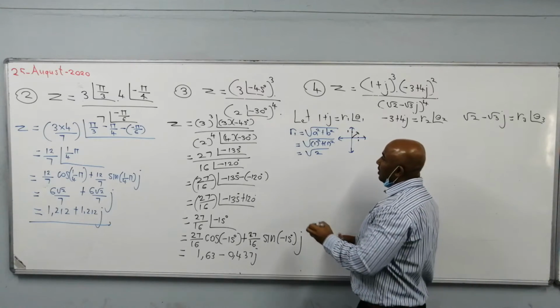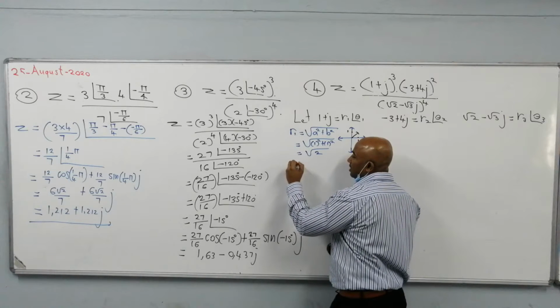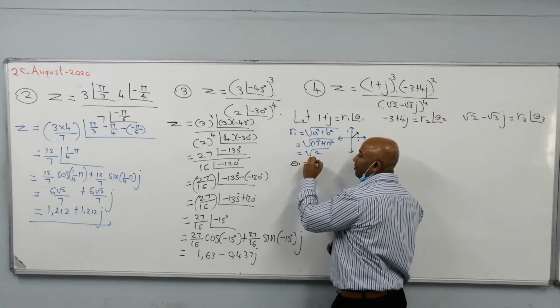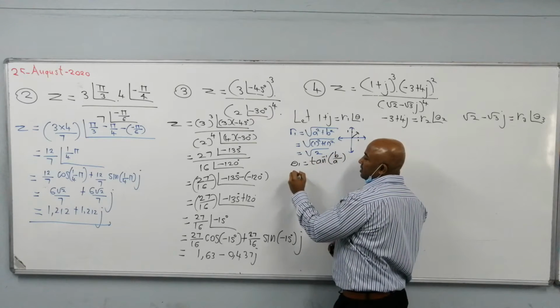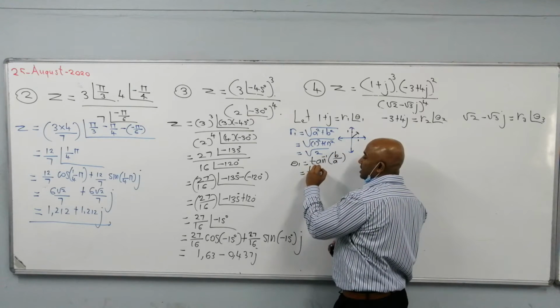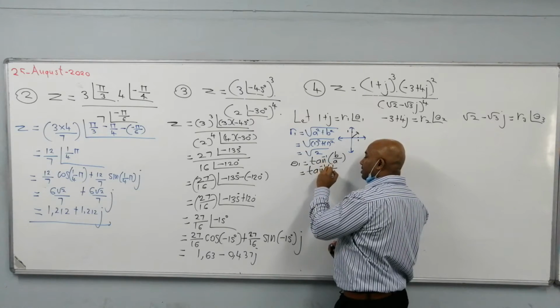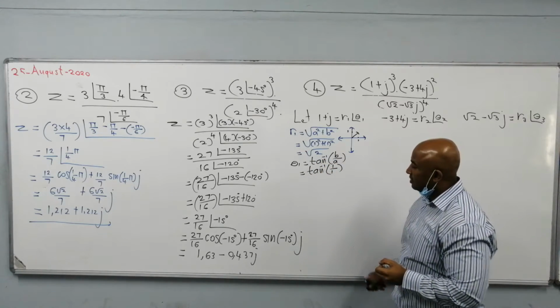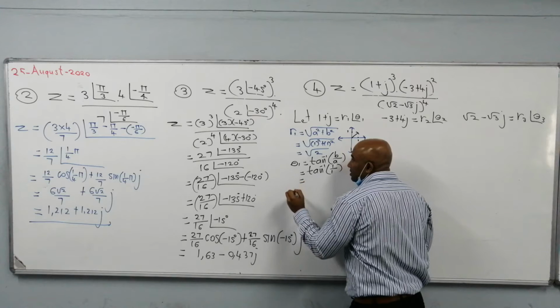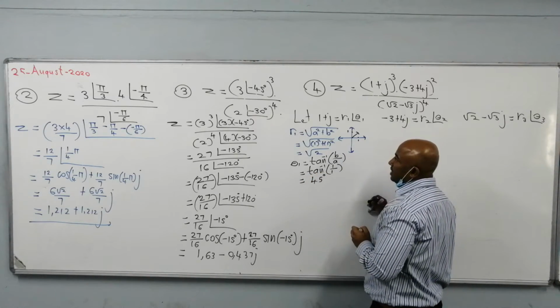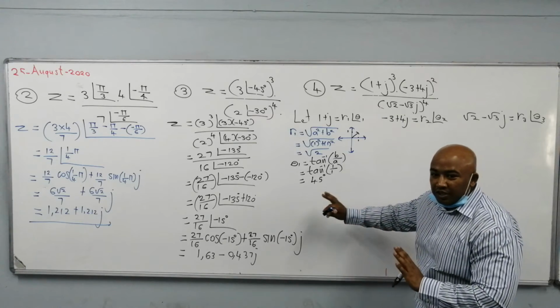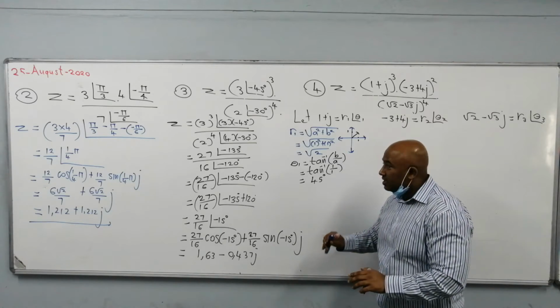In quadrant 1, theta 1 is straightforward: inverse tan b over a, so inverse tan 1 over 1, which is equal to 45 degrees. So you've got your r, you've got your theta, that is sorted out.